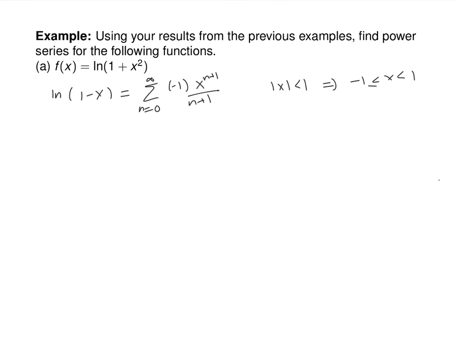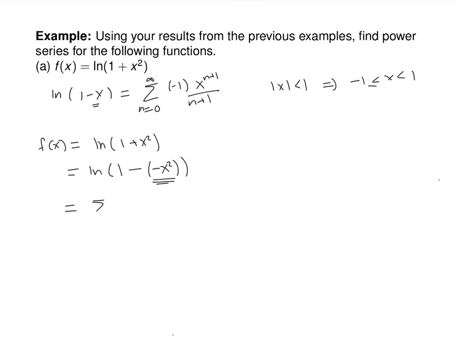So we can take f of x, which is natural log of 1 plus x squared. We can write that as ln of 1 minus negative x squared. And we can plug this negative x squared in for the x.